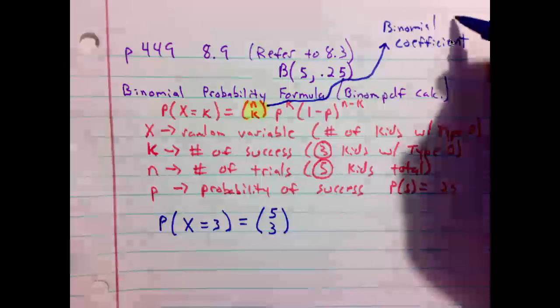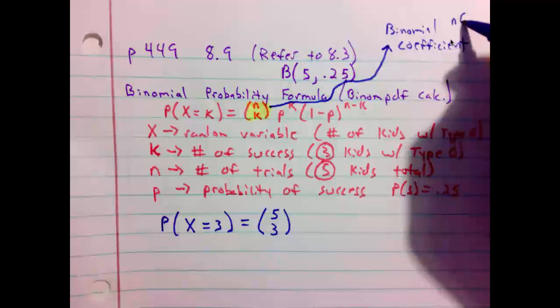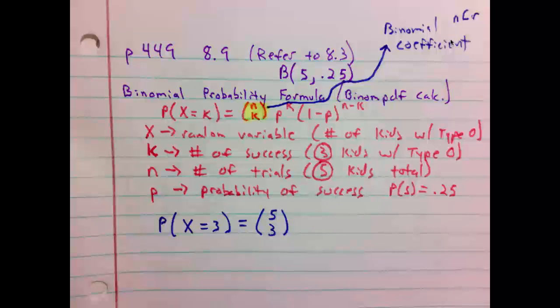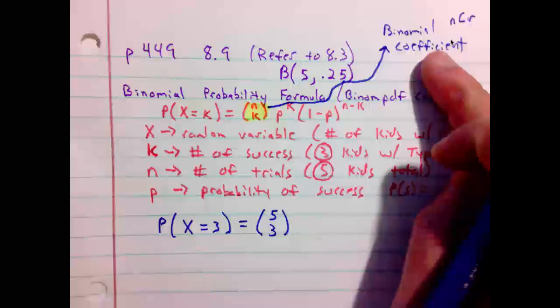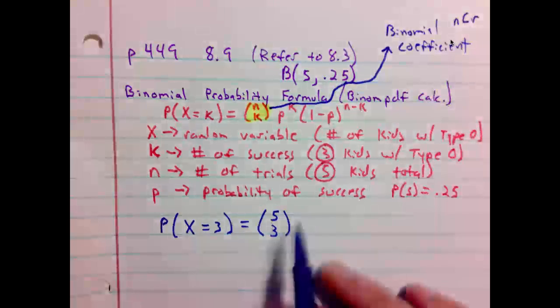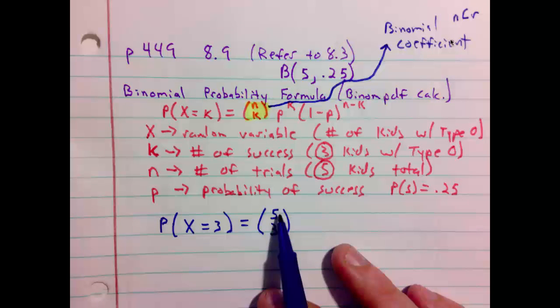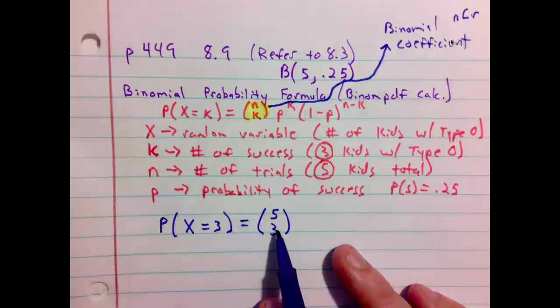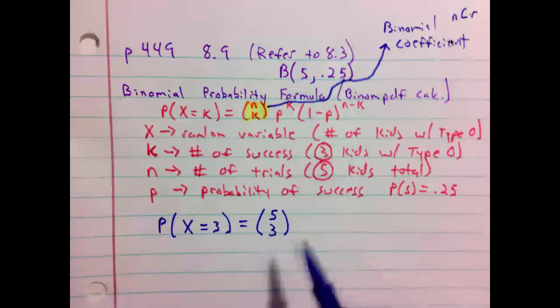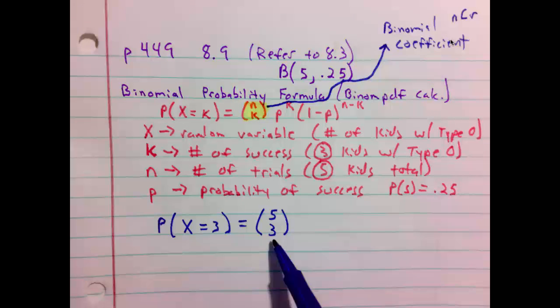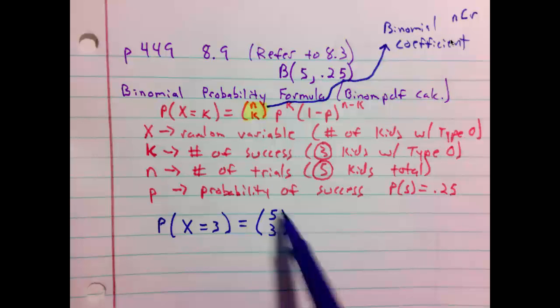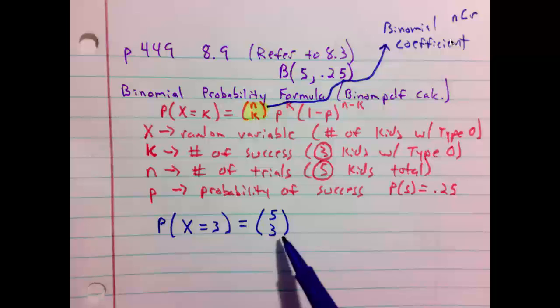We will use the calculator command nCr. It's going to be an integer, a multiplier. It tells us how many ways this particular situation can come out. If we have 5 kids and 3 of them need to have type O blood, it could be success, success, success, fail, fail. It could be success, success, fail, success, fail. It could be several different arrangements. This operation finds the number of arrangements.